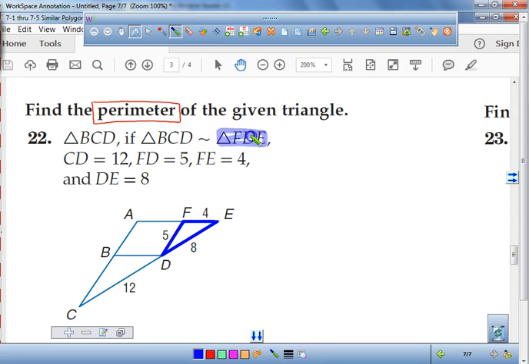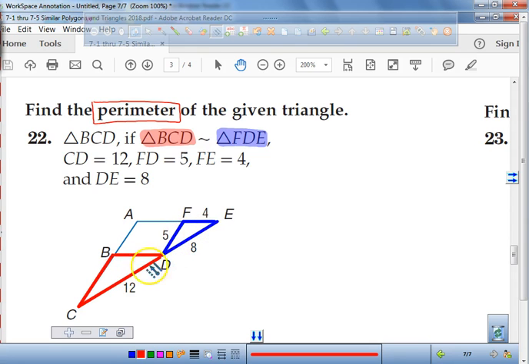So this triangle right here is similar to triangle B to C to D. And so this triangle right here is B to C to D, right there. So this blue triangle is similar to this red triangle. Blue to red. You can kind of see the blue triangle is smaller than the red triangle.